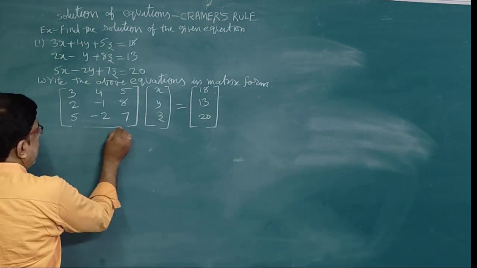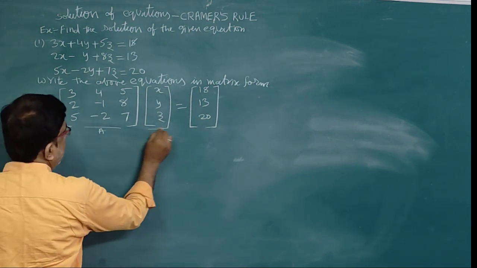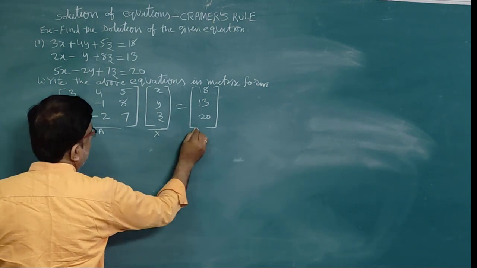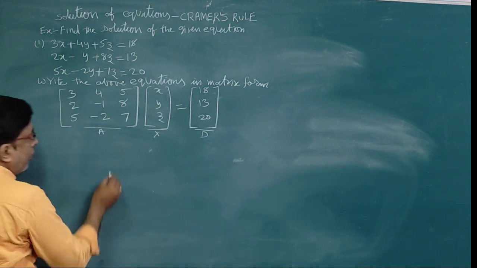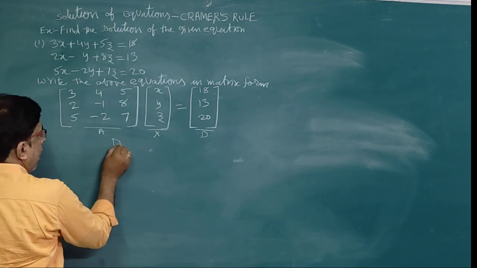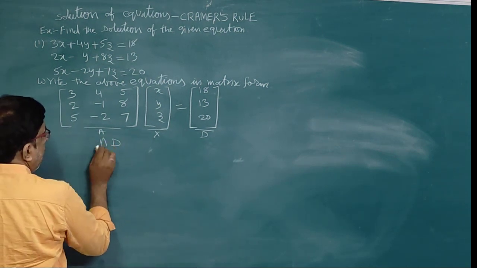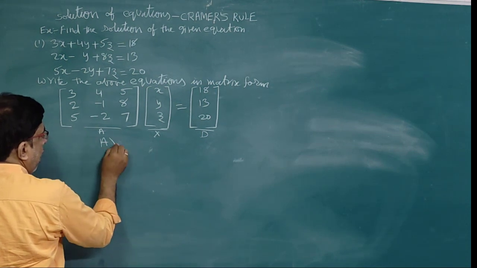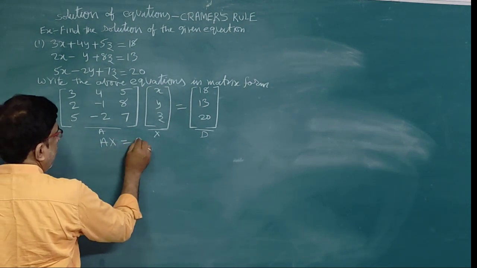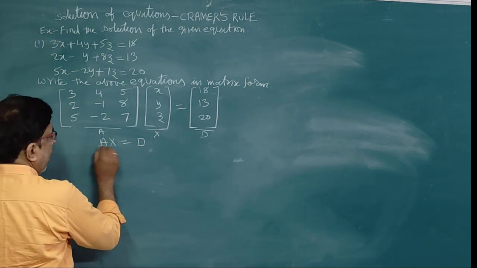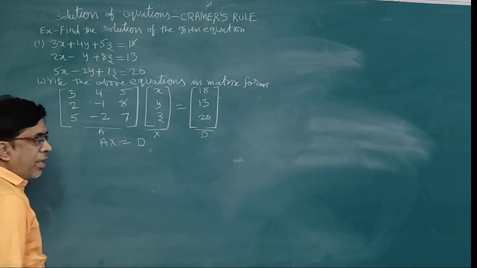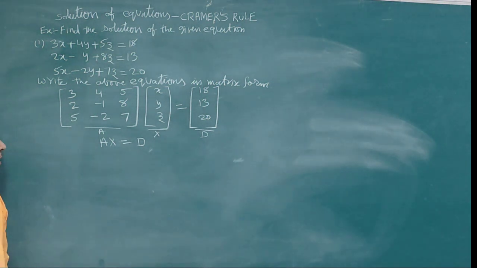Consider this matrix as A, this one as X and this matrix as D. So this becomes AX is equal to D, or we can write X is equal to A inverse D, whatever it may be.